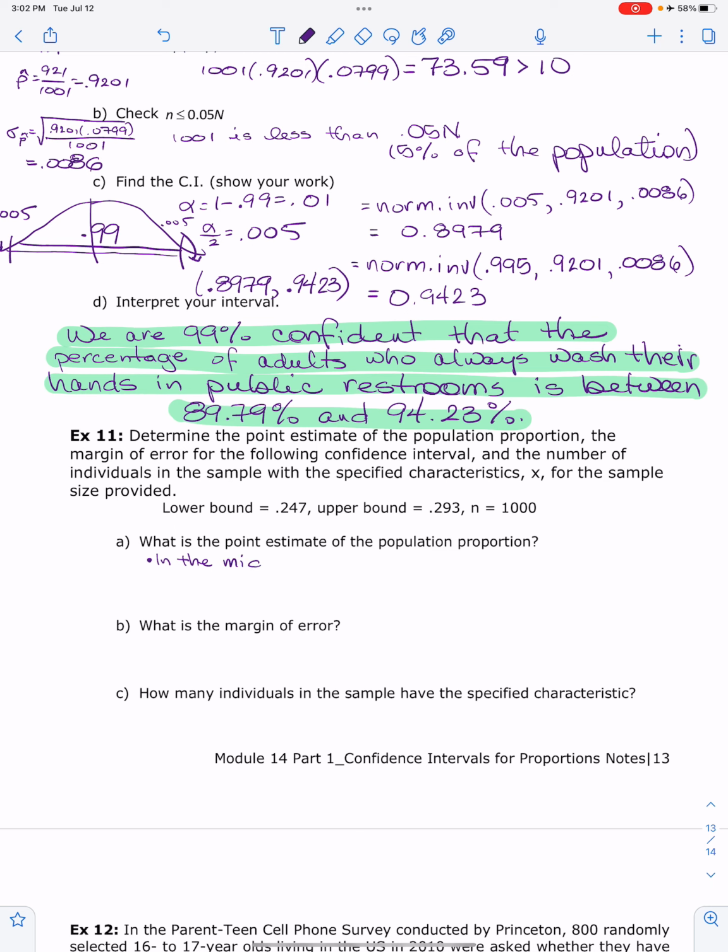Middle, exact middle. So in the middle of the confidence interval, which means I can get that point estimate by averaging my lower bound and my upper bound.